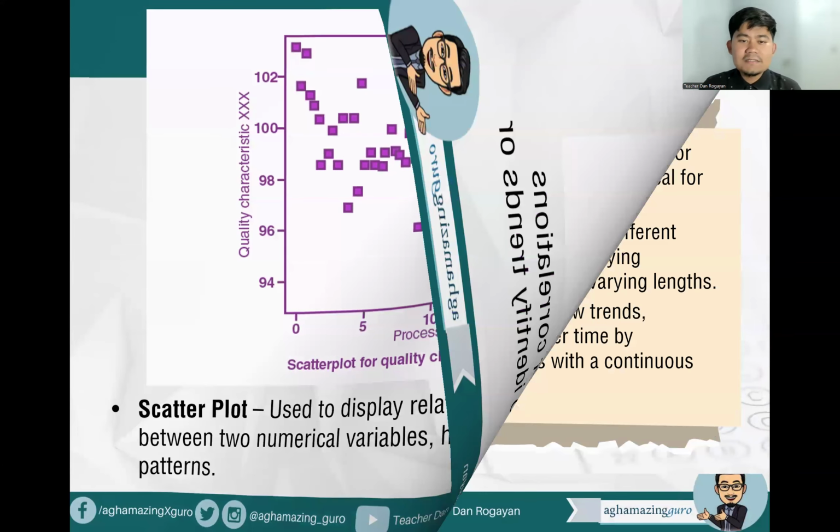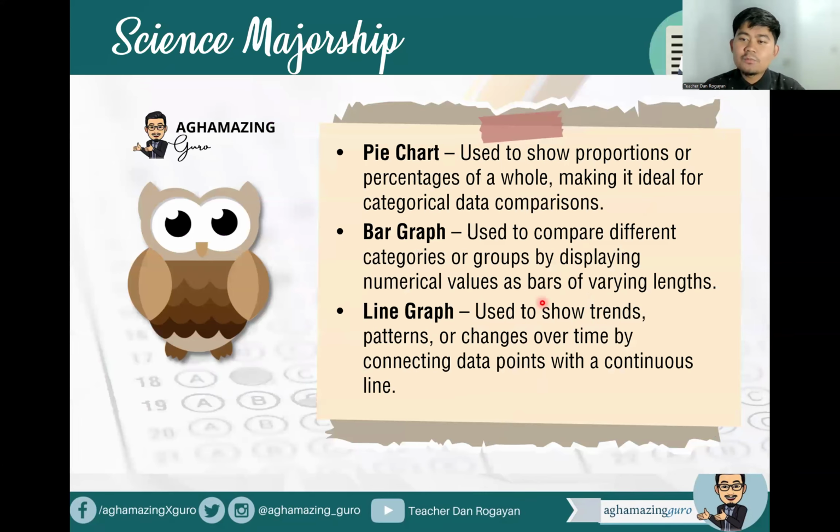Okay? So next, pie chart is used to show proportions or percentages of a whole, making it ideal for categorical data comparison. So we're very familiar with pie chart, right? Bar graph is used to compare different categories or groups by displaying numerical values as bars or rectangles of varying length. And it has spaces in between the bars or the rectangles.